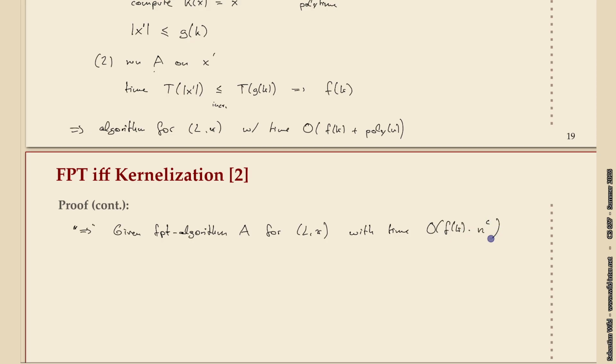And so if that's the case, then there will be some exponent c so that this is true. Okay, this is an upper bound for the running time. We can always make the polynomial a bit bigger if needed.